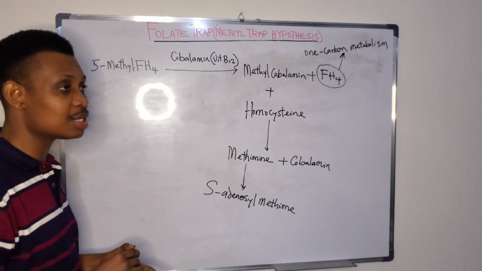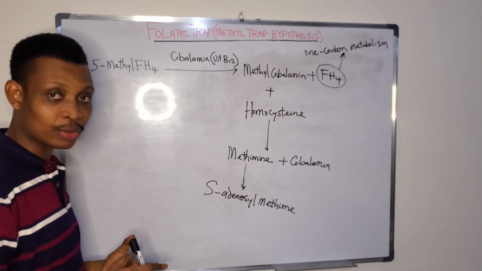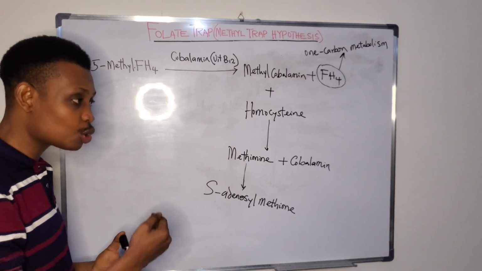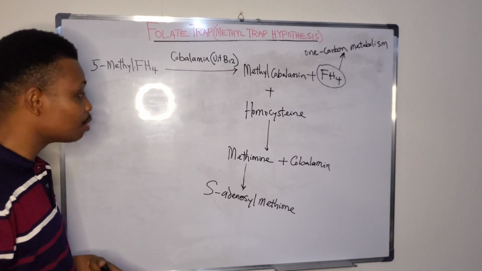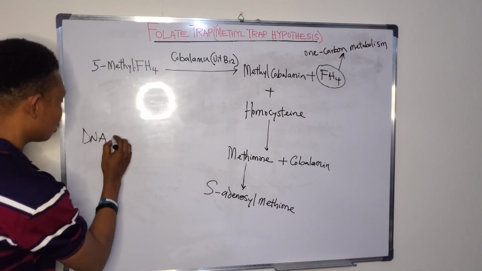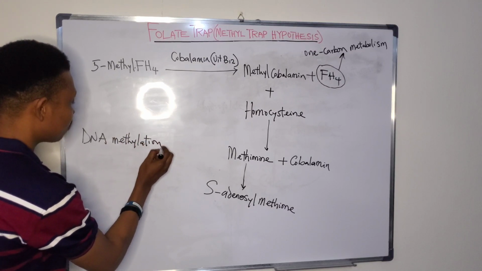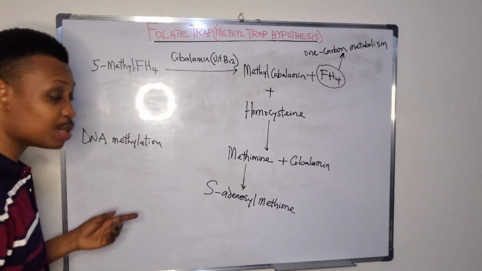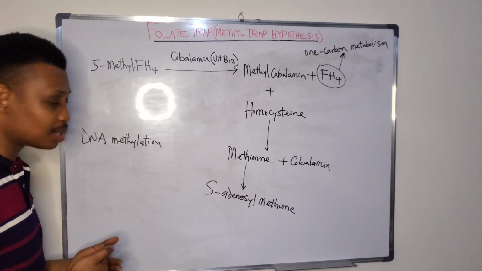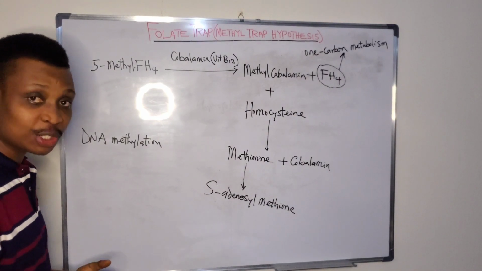Now, methylation is basically a process where a methyl group is attached to a molecule, and that attachment will affect the structure and function of that molecule. For example, DNA methylation. In DNA methylation, a methyl group is attached to the DNA molecule, and that helps DNA to regulate gene expression.